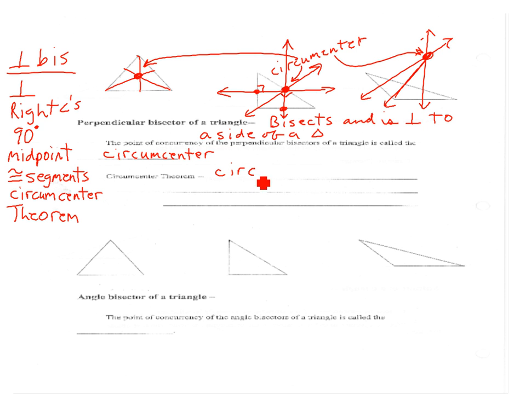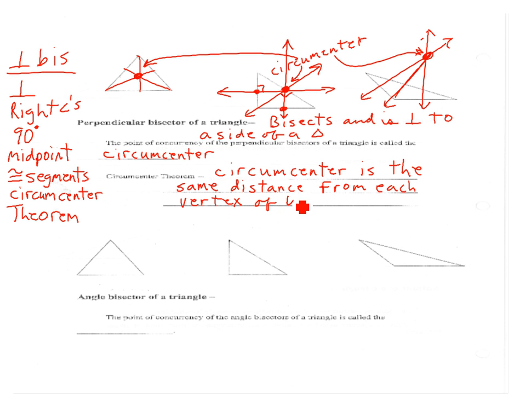So the circumcenter is the same distance, equidistant, that's what that means, from each vertex of the triangle.